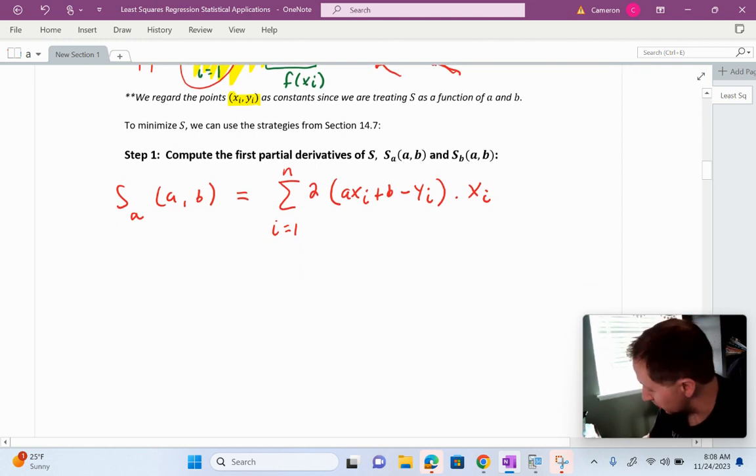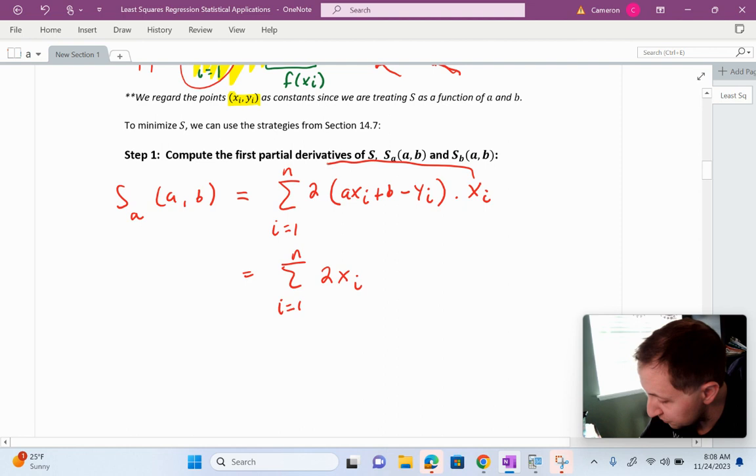Okay, let's clean this up a little bit. This would end up being the sum from i equals 1 to n of 2 x_i, I'm going to move the x_i out front here, times (a x_i plus b minus y_i).